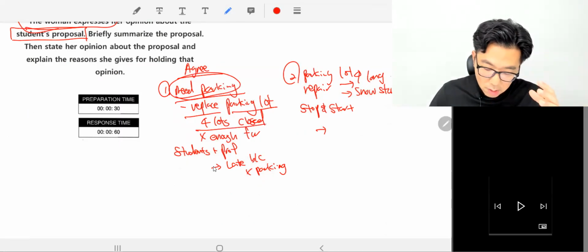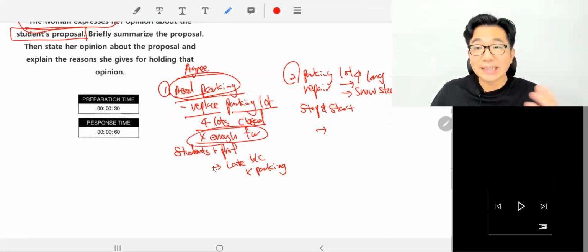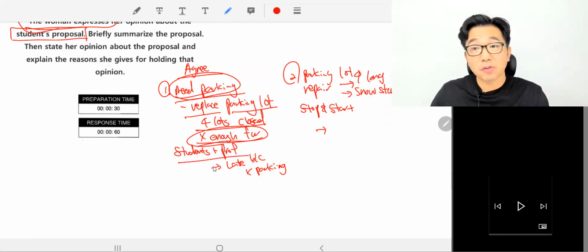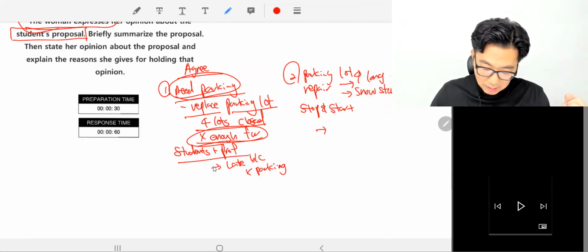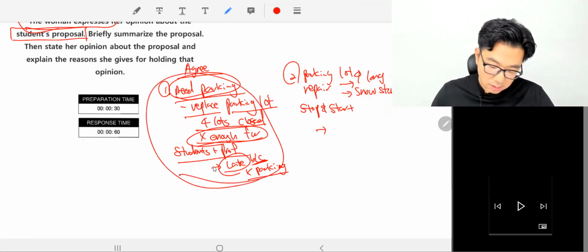So 4 parking lots were closed. That ended up not having enough parking for students and professors. And because of this, some students and professors were even late to classes because they couldn't find parking. So that's the example, right? Okay.